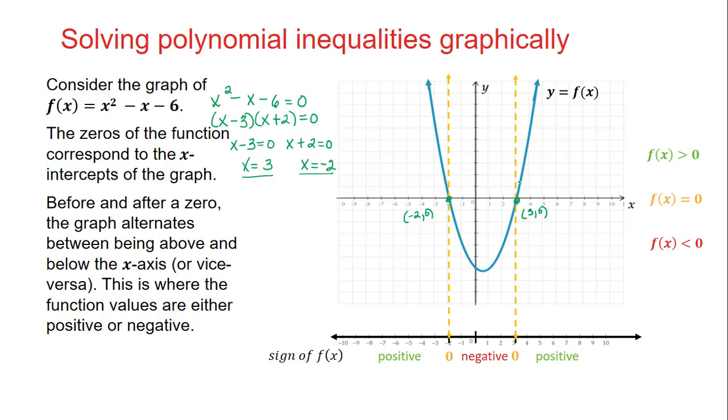So notice that before and after a 0, the graph alternates between being above and below the x-axis. Notice that to the left of negative 2, 0, the graph is all above the x-axis. Well, what do we know about points above the x-axis?